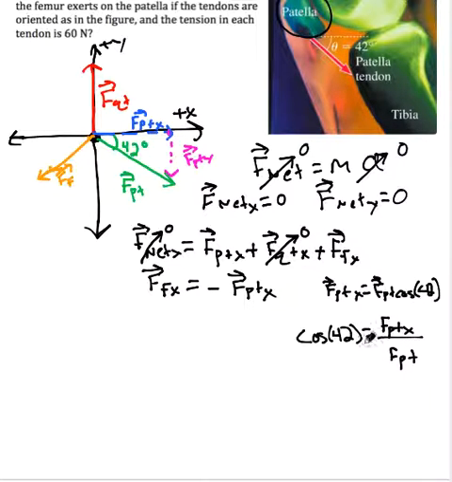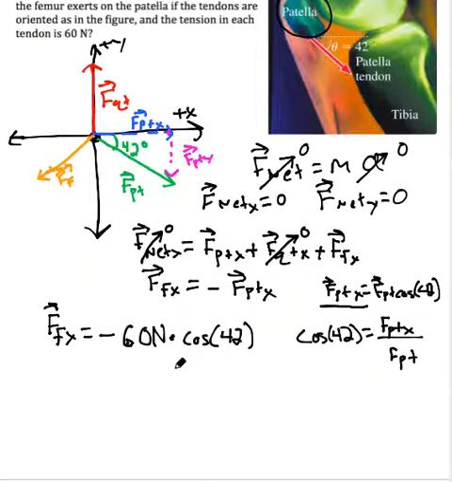So if we just rearrange that, we can get F_PTx equals F_PT cosine 42. Now we can see that if we plug in what we got for F_PTx into here, F femur x equals negative 60, which is F_PT, given in the problem, 60 newtons times cosine 42.